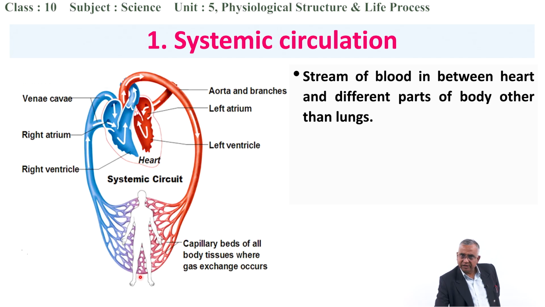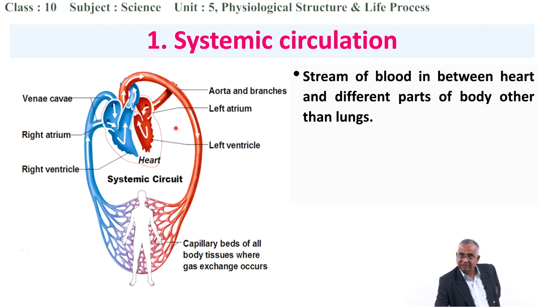And from here, after losing oxygen there, the carbon dioxide mixed blood, which is lacking oxygen, that is deoxygenated blood, comes back into the right auricle through the superior vena cava and inferior vena cava, plural vena cava. So that blood comes here.